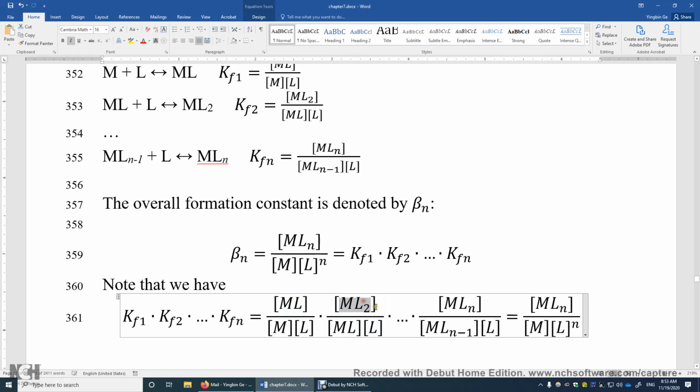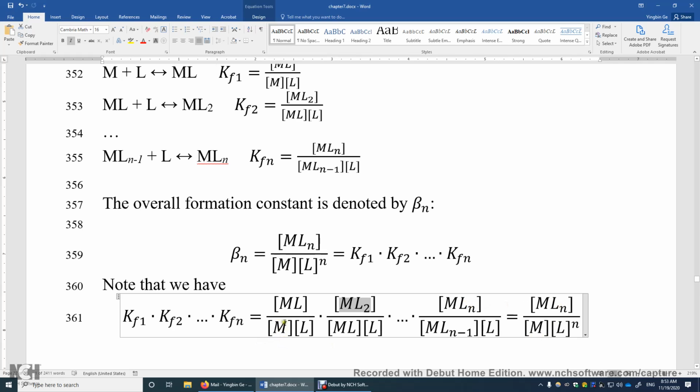ML sub 2, and over here that's going to be ML sub 3 over ML sub 2 times L. So this ML sub 2 cancels this ML sub 2 here. And then eventually there's going to be just ML sub n on top. On the bottom, it's just this metal.